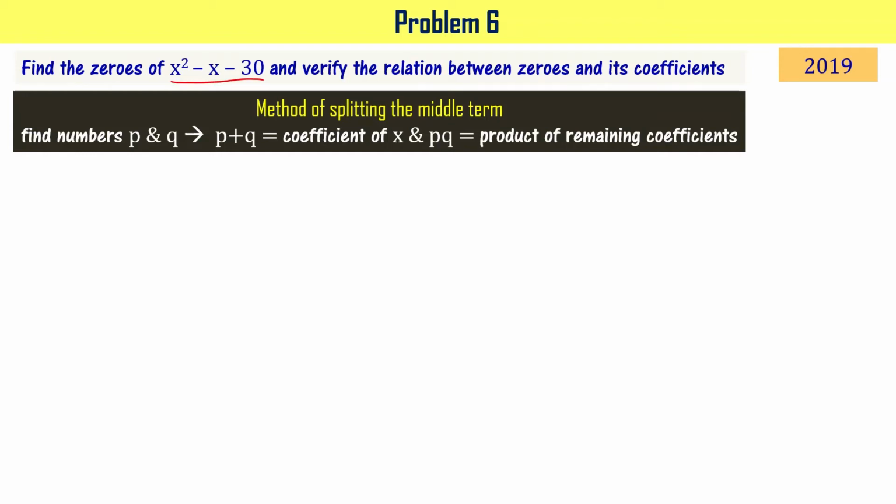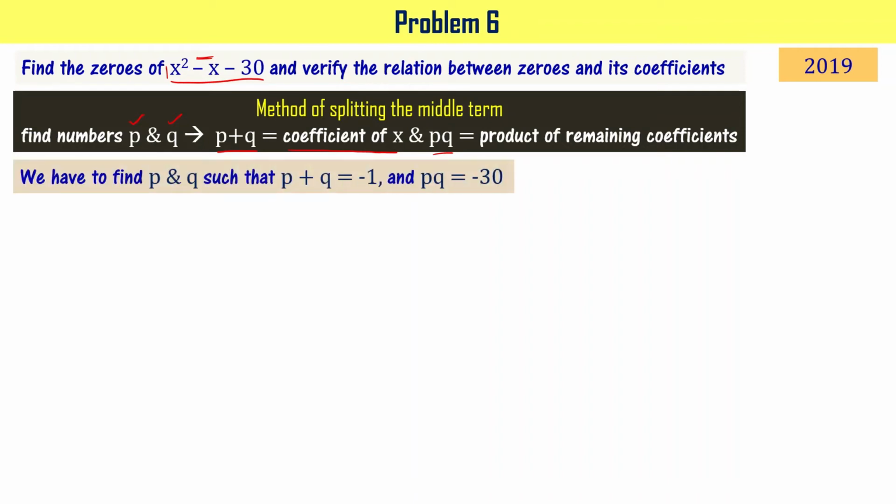For that, we have to find two numbers p and q such that p plus q is equal to the coefficient of x and pq is equal to the product of the remaining coefficients. It means I have to get p plus q equal to the coefficient of x, that is minus 1 here, and pq has to be equal to 1 times minus 30, that is equal to minus 30, right?